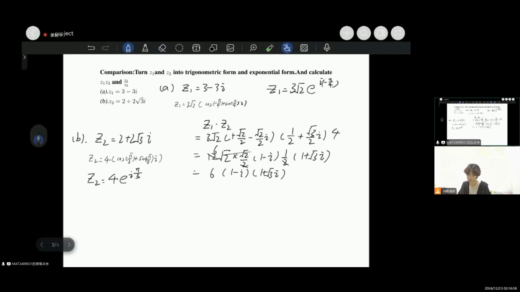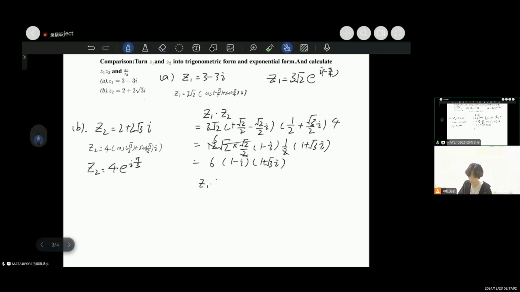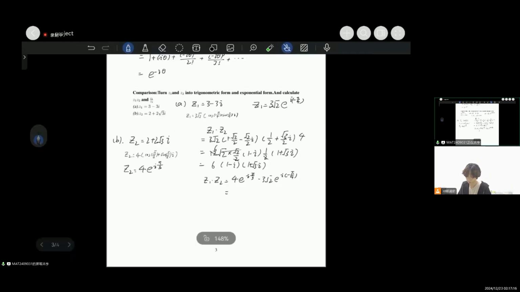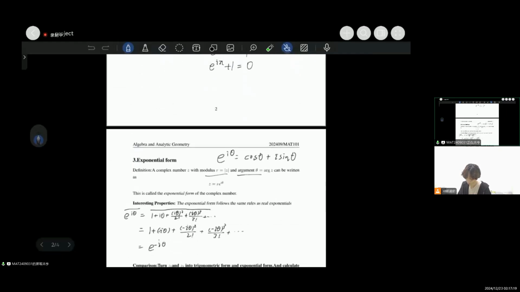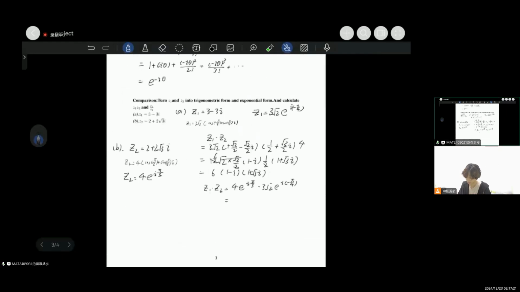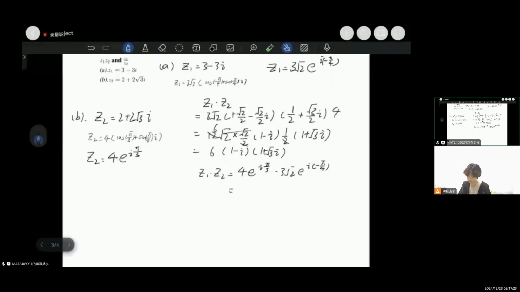And if you use exponential form to calculate this, we will get the answer in an easy way because we have proved the exponential form has the same rules as real exponentials.